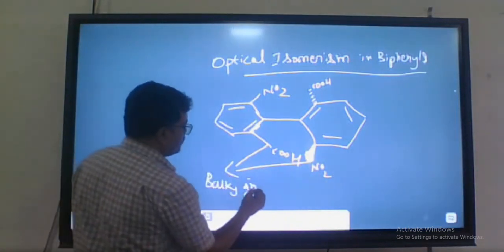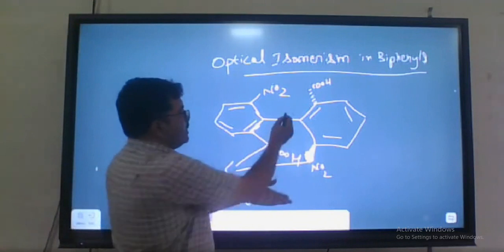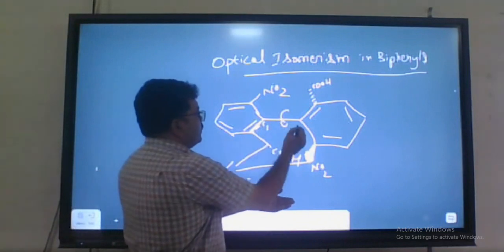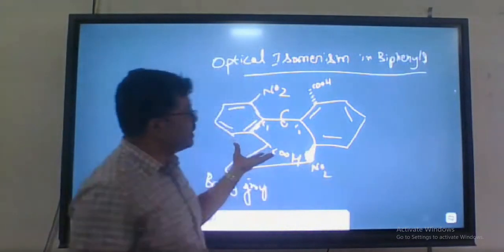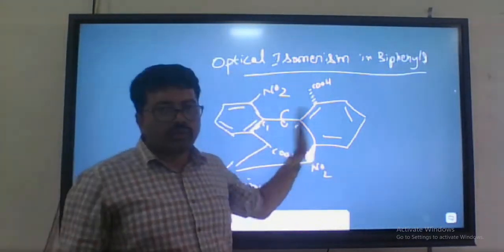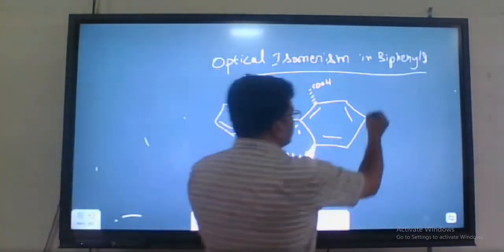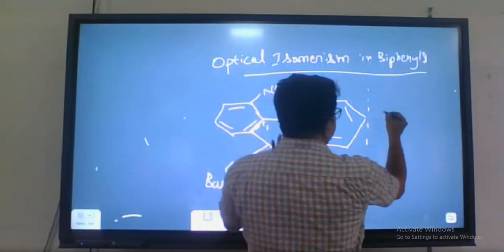Both are bulky groups. You can't rotate easily around C1 and C2, so they are isomers.